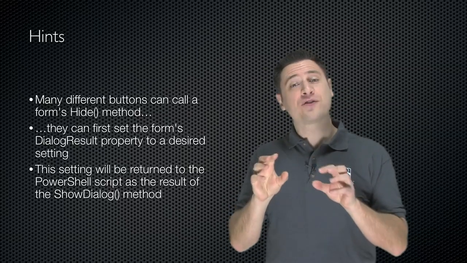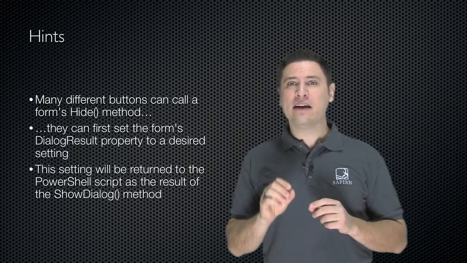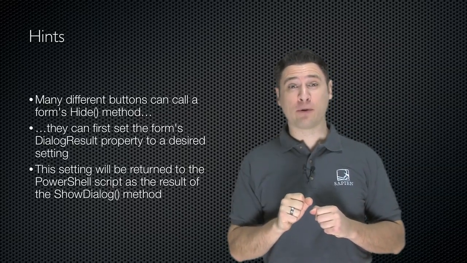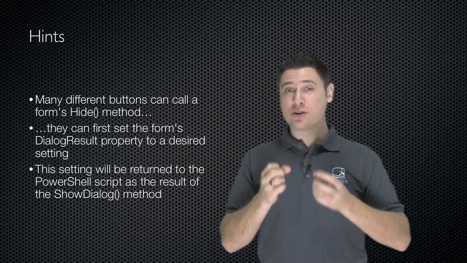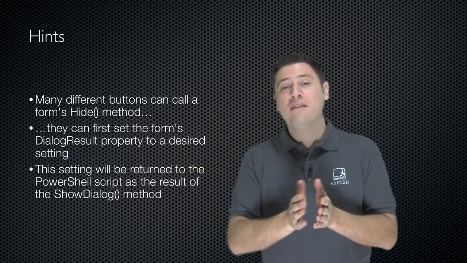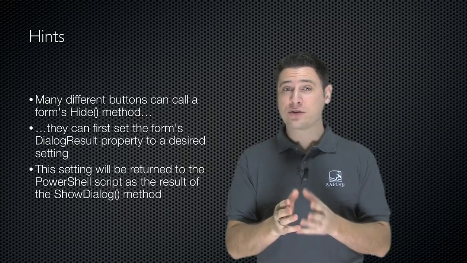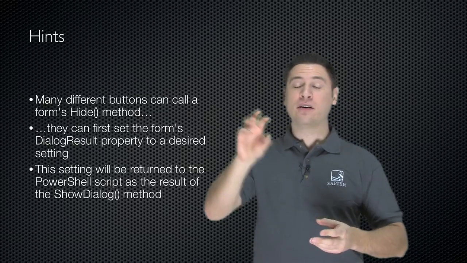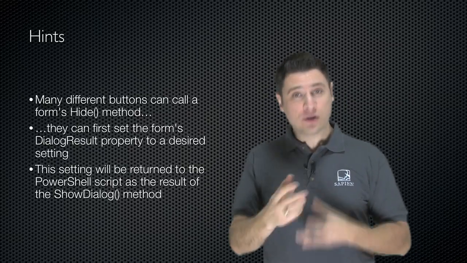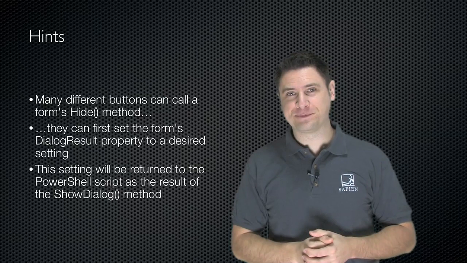So before these events call the hide method, they can set the form's dialog result property to a desired setting. This setting is then passed to your script as the result of the showDialog method. So your script can call showDialog, and it can then tell whether the OK button or the Cancel button closed the form, so your script will then know what to do from there.